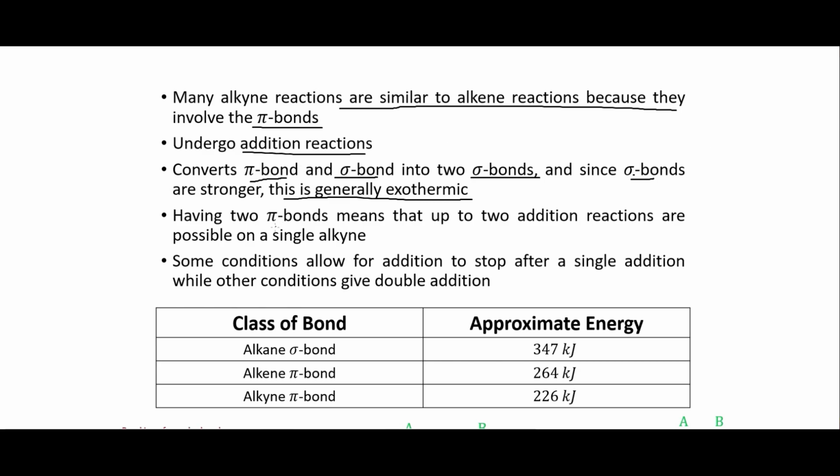Having two pi bonds means that up to two addition reactions are possible on a single alkyne. Some conditions allow for addition to stop after a single addition, while other conditions give a double addition. Because we have two pi bonds, we can do up to two additions across that same bond.